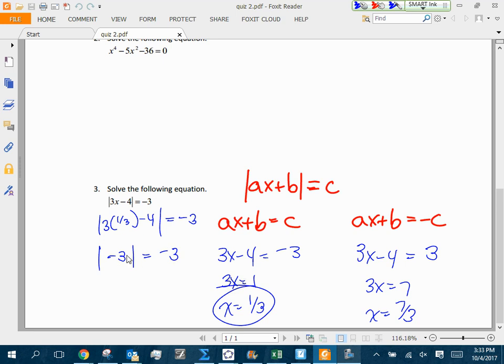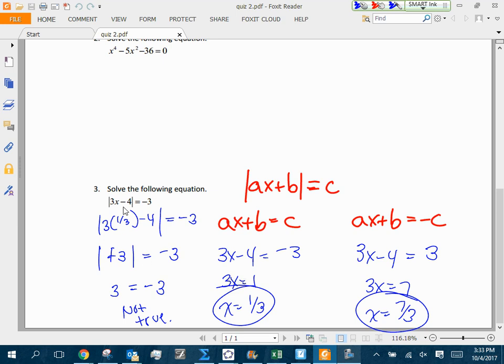Well, we know the absolute value of negative 3 is 3. So you're telling me that 3 is equal to negative 3, and that is not true. And you get the same argument when you plug in 7/3. You get positive 3 here instead, and again, the absolute value would be 3, and you'd be telling me 3 is equal to negative 3.